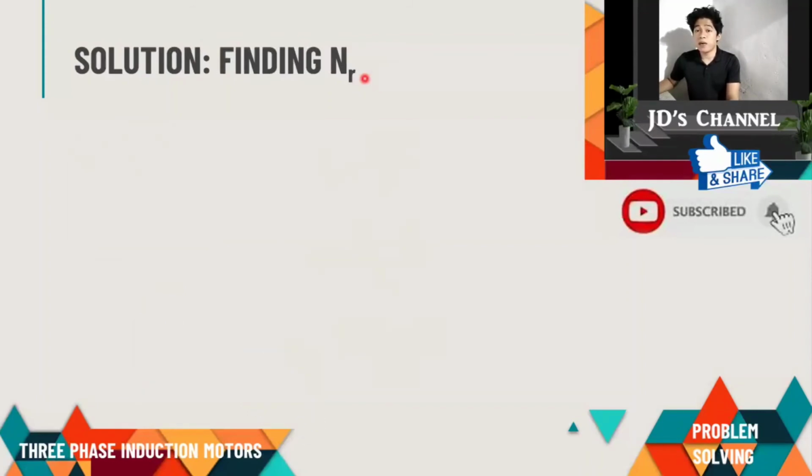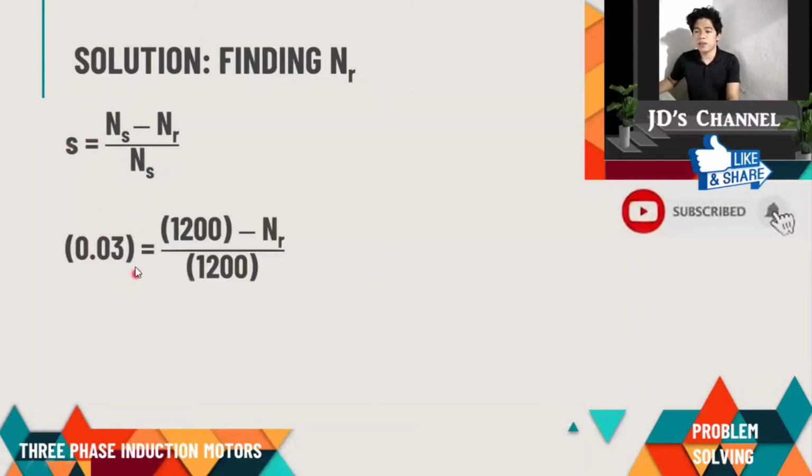Again, we discussed a formula earlier. Depending on the problem, depending on the given, that determines the formula to use. But as we said earlier, we will use this formula: our slip is NS minus NR over NS. Then we substitute the value of NS and our given slip, 3%, which in decimal is 0.03, and our NS.